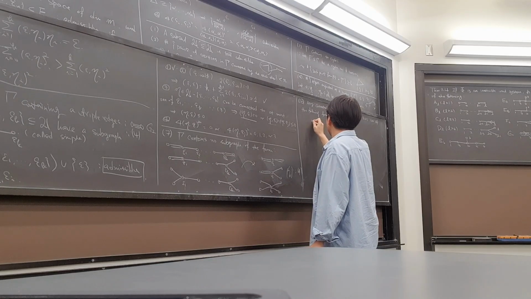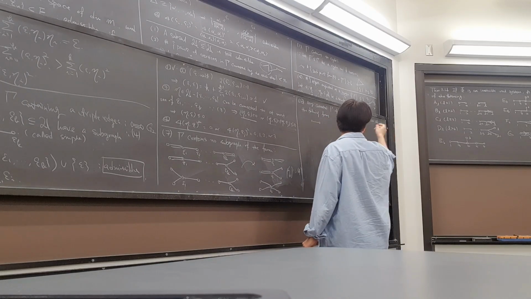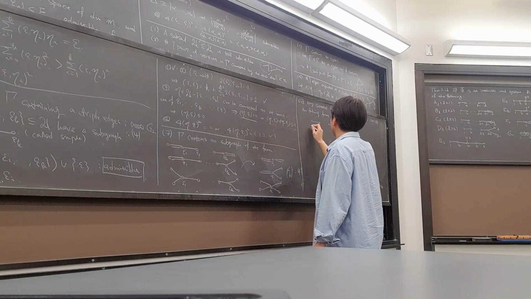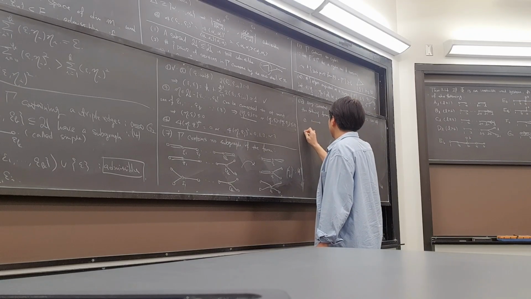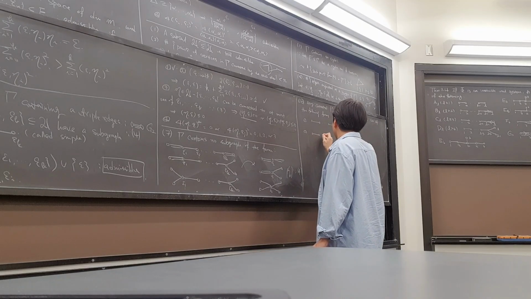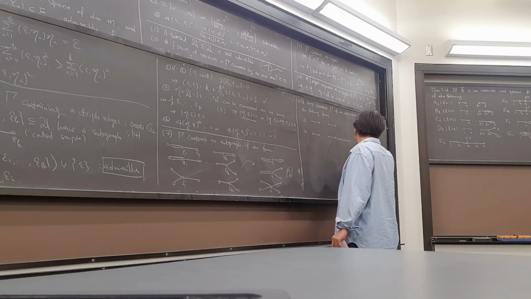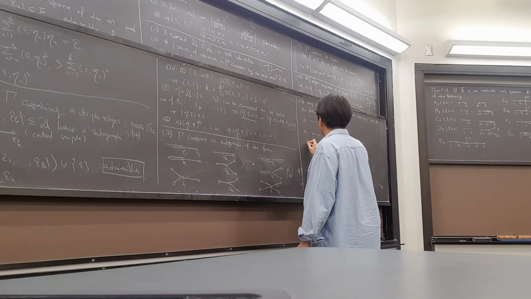The first one is this, like A, which is M. Then the second one is like this. The third one is like this.